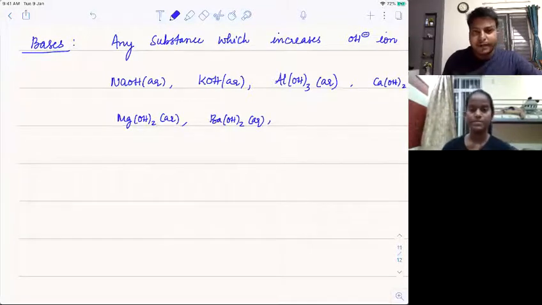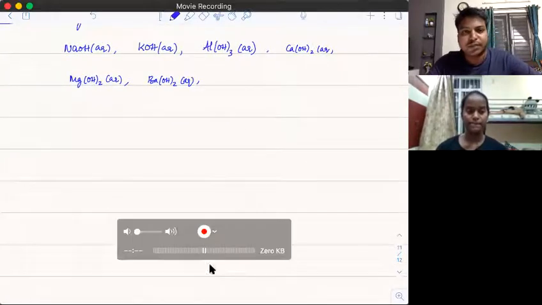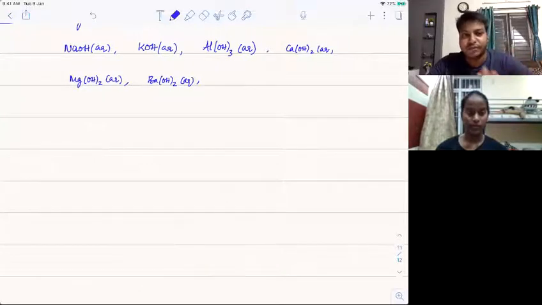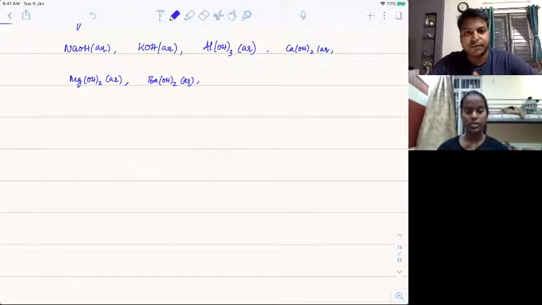So these all are basic in character. The definition is simple, only one type of base which you need to learn as of now. There are many different types of bases, but till you graduate up to 11th standard, you just need to know this much. Anything which carries OH minus is always going to be a base. And we learned that acid and base will always react to form salt.